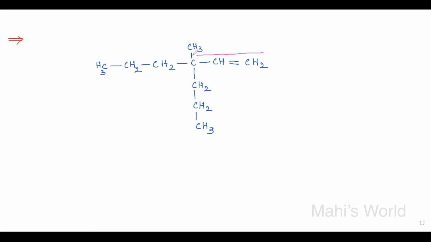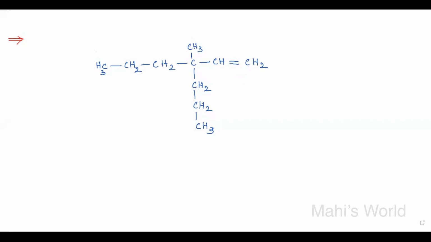Even this way it is okay, not an issue. You are getting the same 6 carbon atoms, with the third carbon having a methyl group and also a propyl group. And of course, a double bond after the first carbon every time.